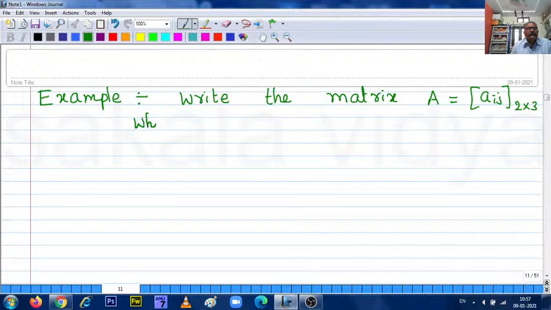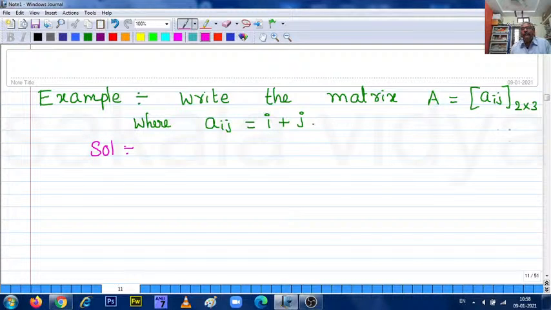Where Aij equals to i plus j. This definition is given. Now you need to construct the matrix. How do you construct? Let me explain. So now here solution, very easy manner you can find out.